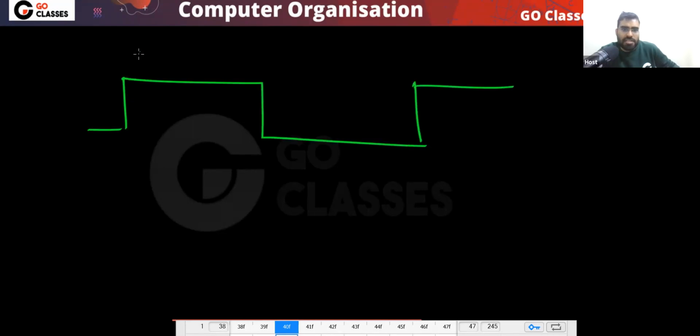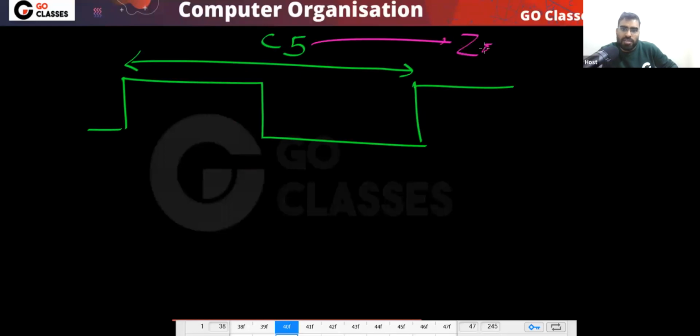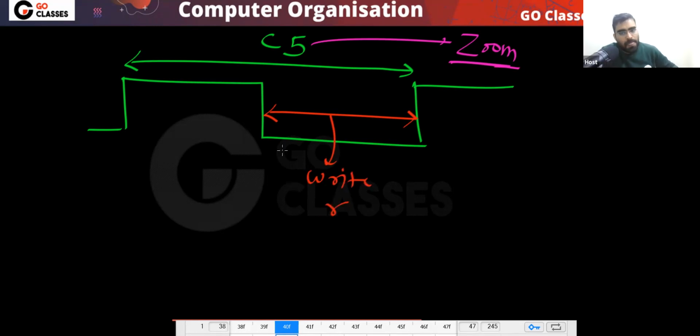Basically, consider this is your cycle C5. Let's zoom it. This is your zoomed version of cycle C5. Here the write will happen. Here you will write the correct value of R. So the correct value of R will be available in the second phase. But you are reading here.